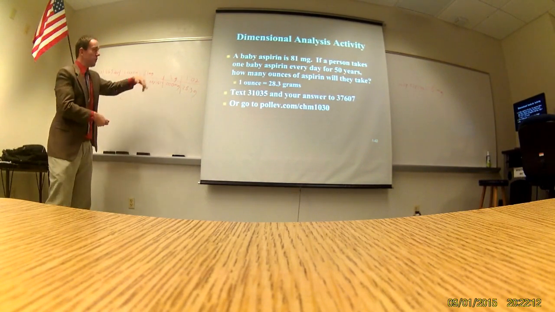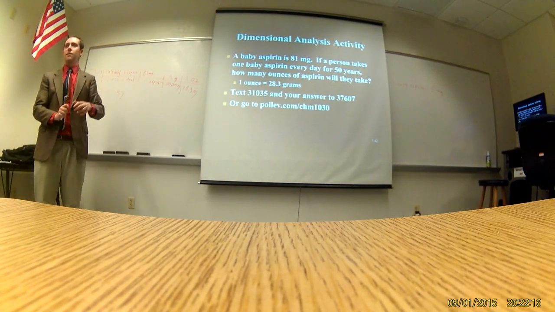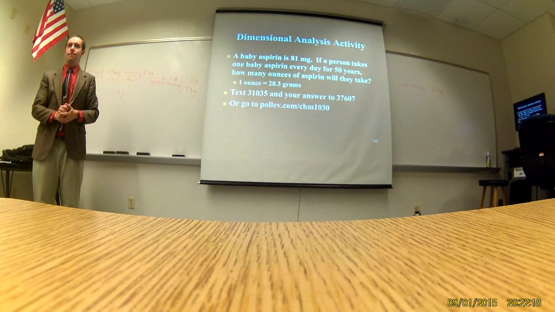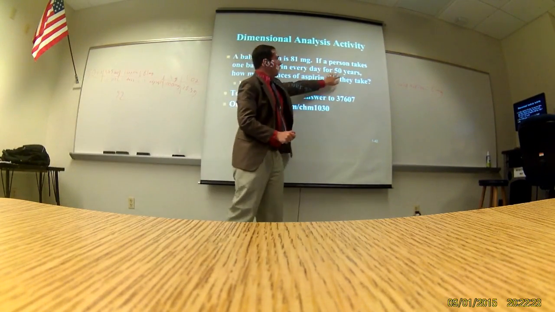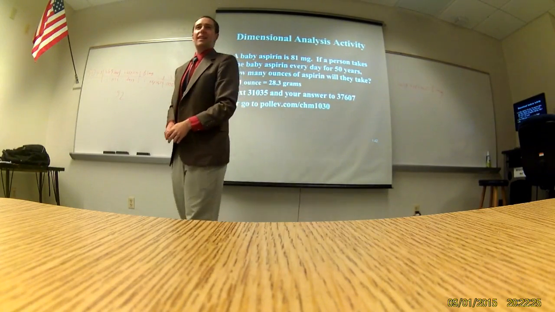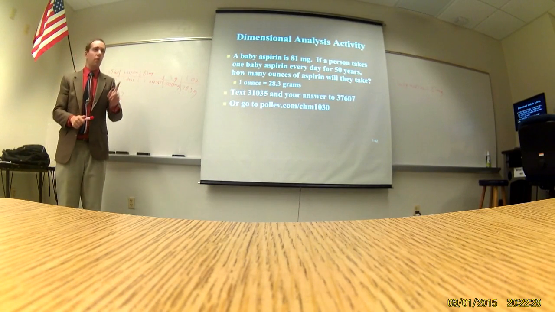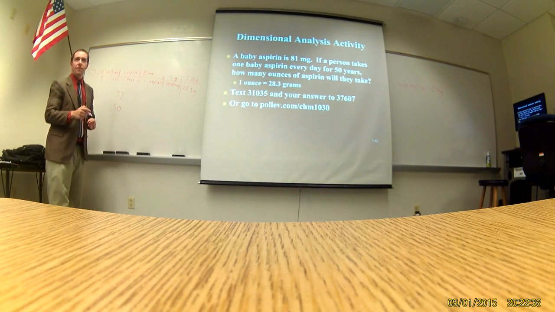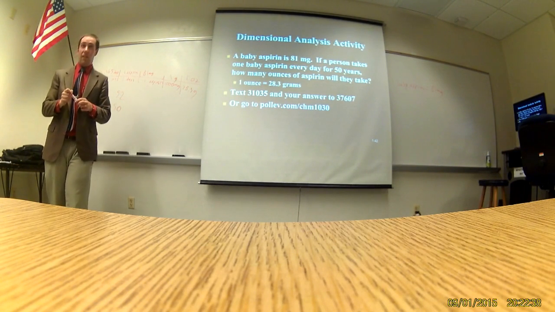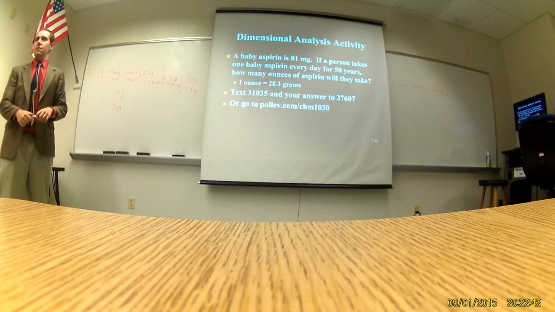Everything else was conversion factors, and like you alluded to before, you ignore sig figs in conversion factors. So the only number we had was 50, and it's not 50 point, it's 50. So there's 1 sig fig. So it's 50. So basically you take an ounce of aspirin a year.